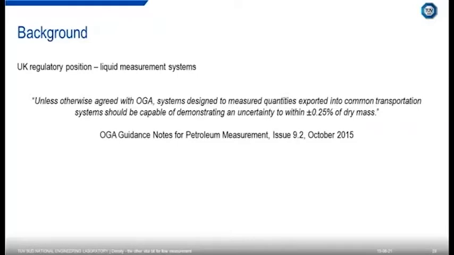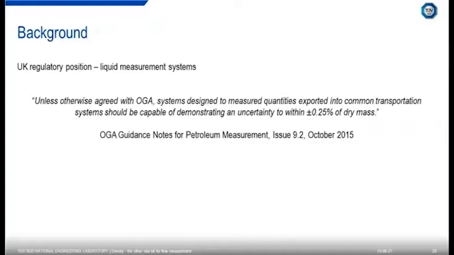Let's have a look at that. I'm illustrating it from the UK context here, but the guidelines for many other oil and gas producing nations are very similar with regard to calibration requirements, calibration intervals.